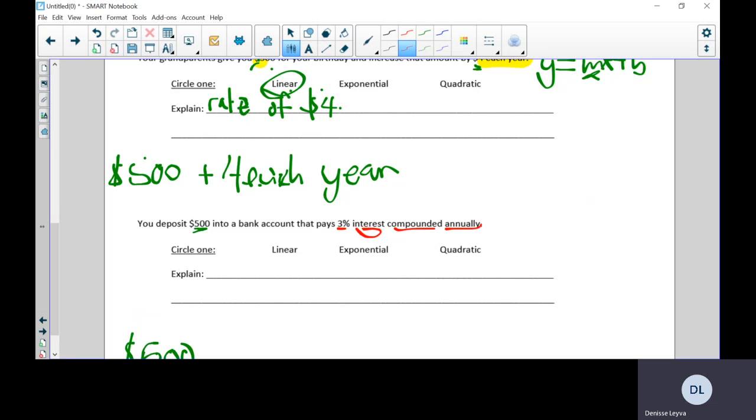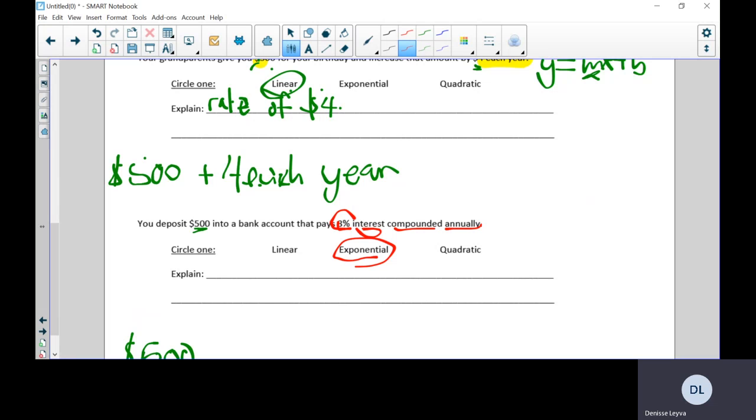Every single time we see a percentage, we always know it's exponential. And also, if we see interest compounded annually, anything that has to do with compound interest or seeing a percentage, it will always be exponential. So in this case, this question is exponential.